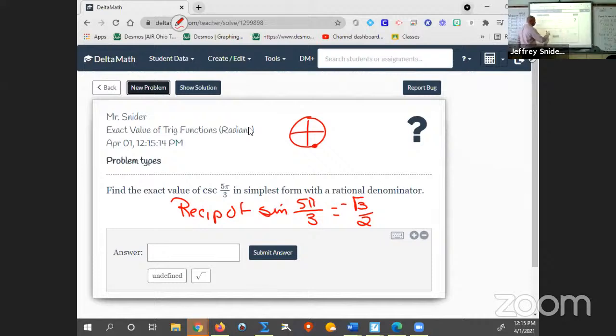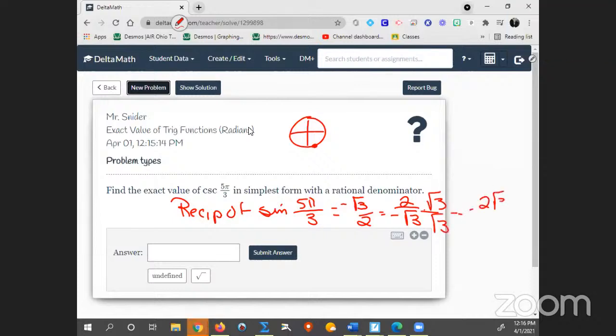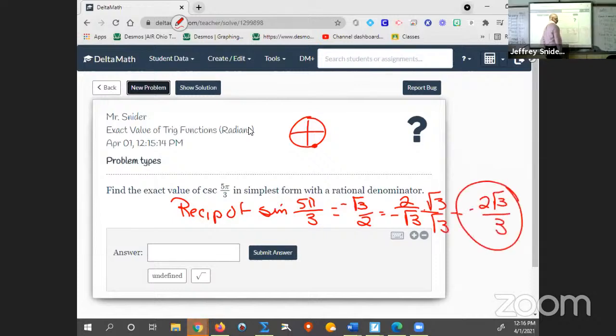Here you had to rationalize it. How do I rationalize that? Multiply it by radical 3 over radical 3. So I get negative 2 radical 3 over 3. That would be the final answer. For me, that's good. They're equivalent.